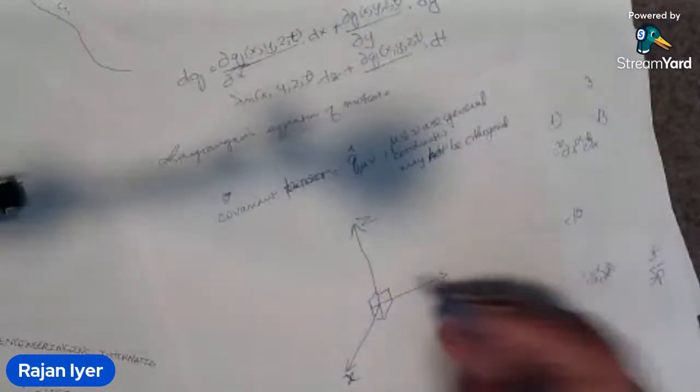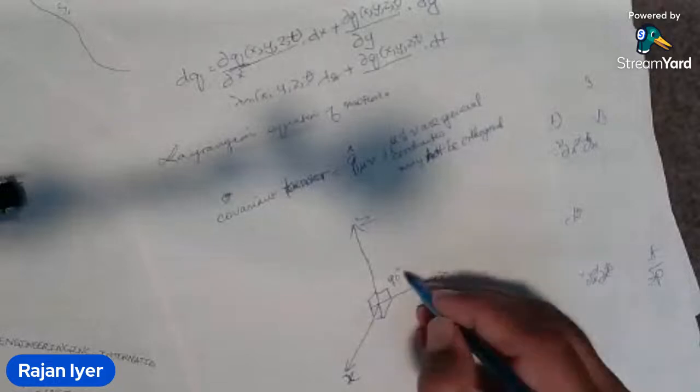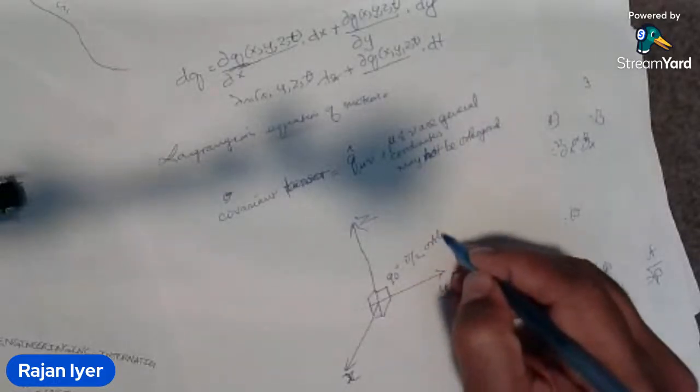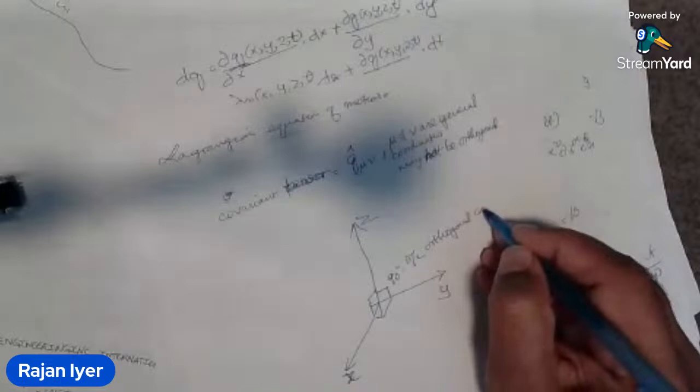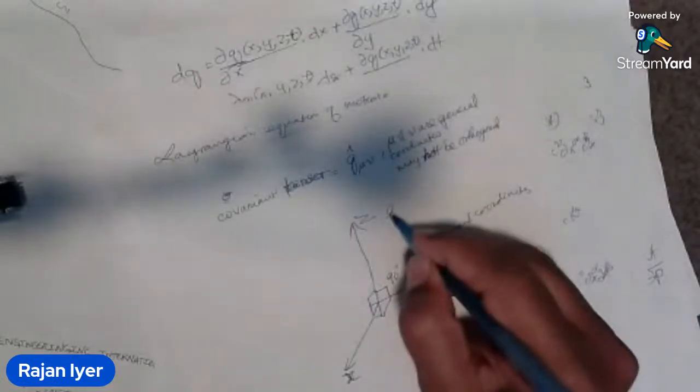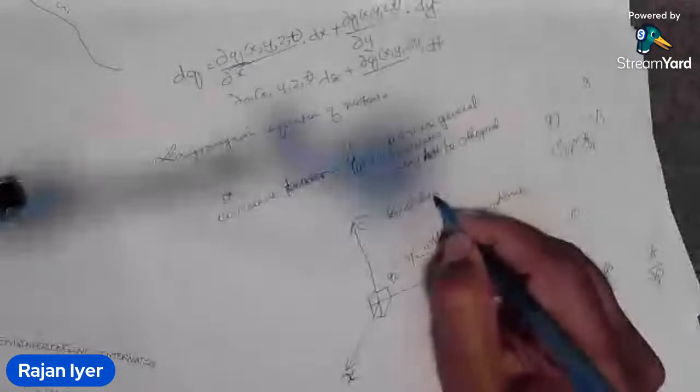They are all 90 degrees, or pi by 2, orthogonal. So Euclidean, Cartesian.